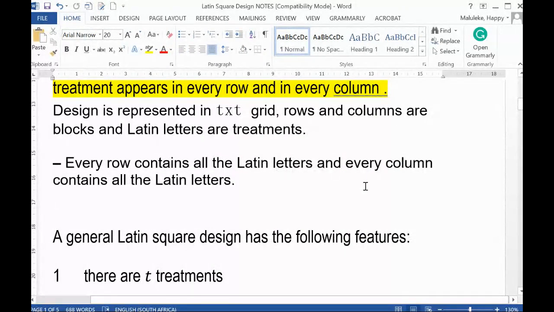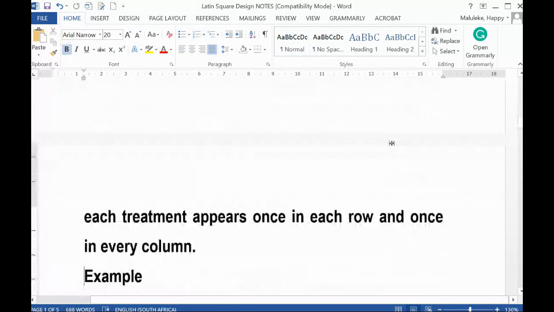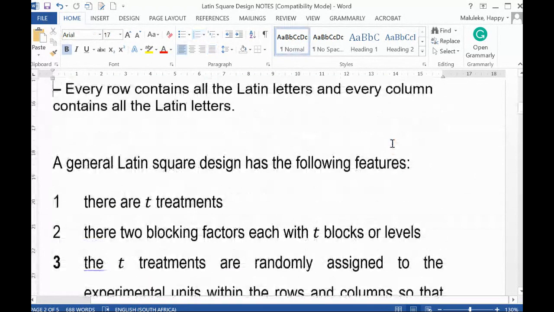All the letters are there, but the condition when looking at the columns is violated. So, sorry for that.